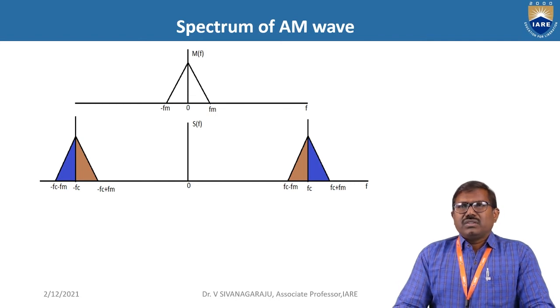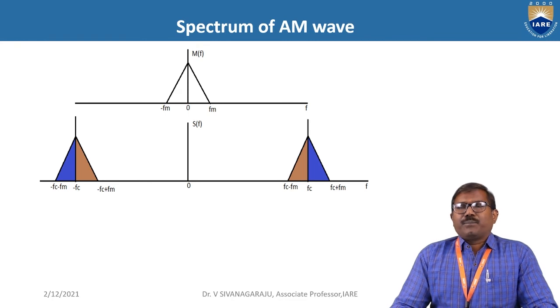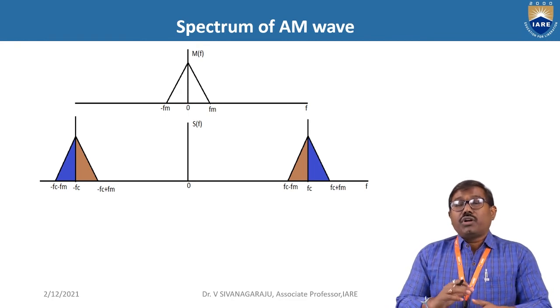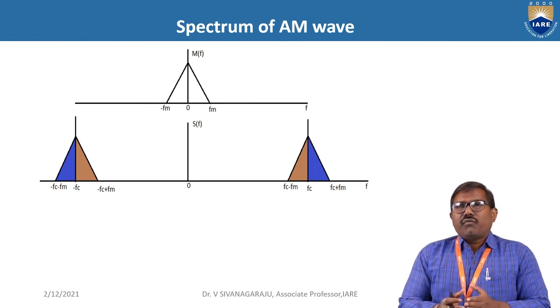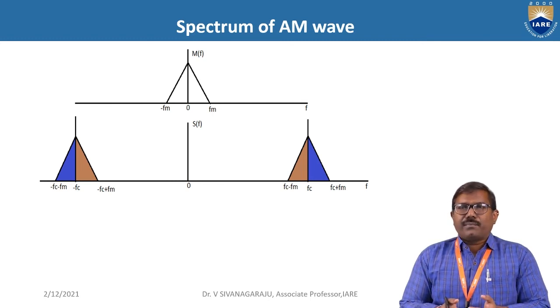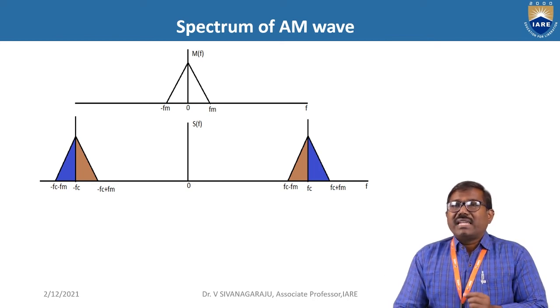Okay. So after modulation process, we get the amplitude modulated signal, that is S of t. For S of t, in the previous slide, we gave the Fourier transform. So S of t is converted into S of f. Fc is the carrier frequency.